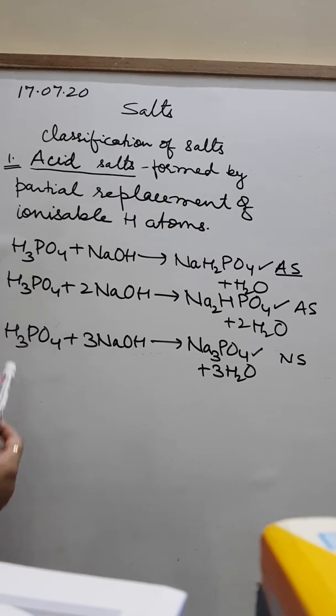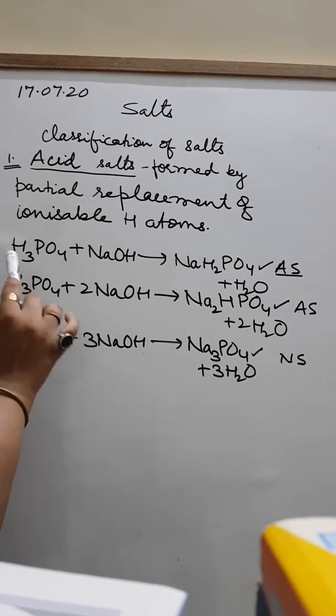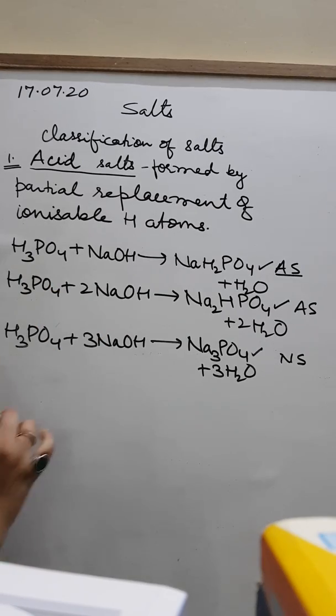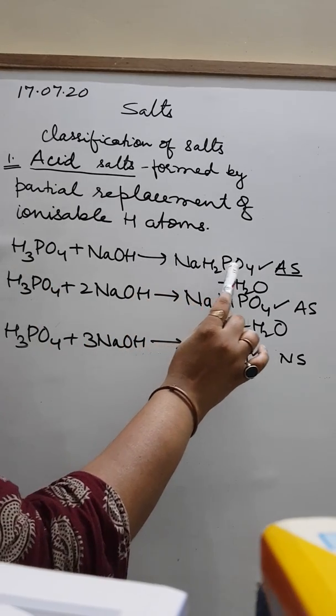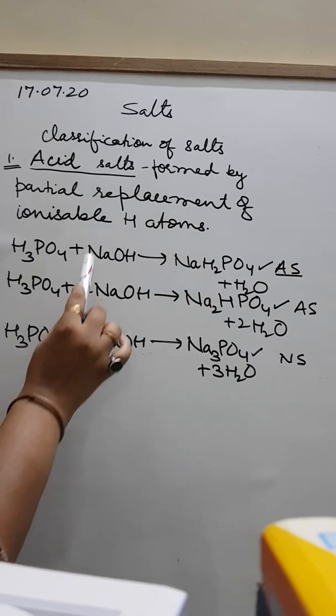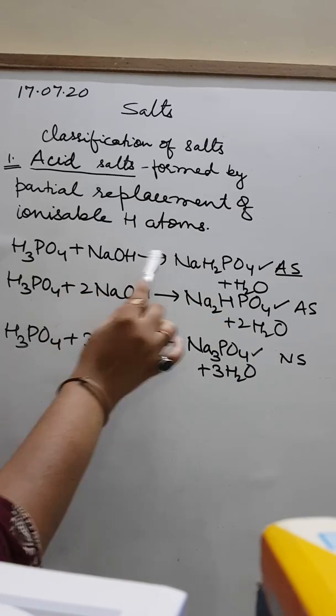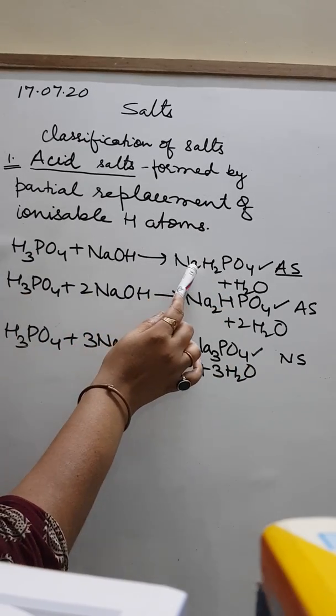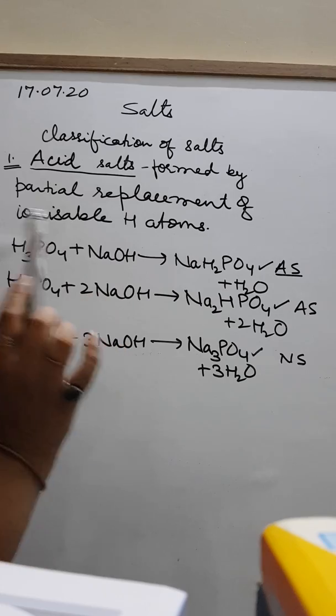So you see the reactions here. Suppose I had H3PO4. This is not an example given in your book. I am trying to explain to you. Children, this acid, if I react with NaOH, it gives me NaH2PO4 plus water, right? 1 mole of NaOH reacted, we got NaH2PO4 because out of 3, 1 got displaced, 2 H are still there.